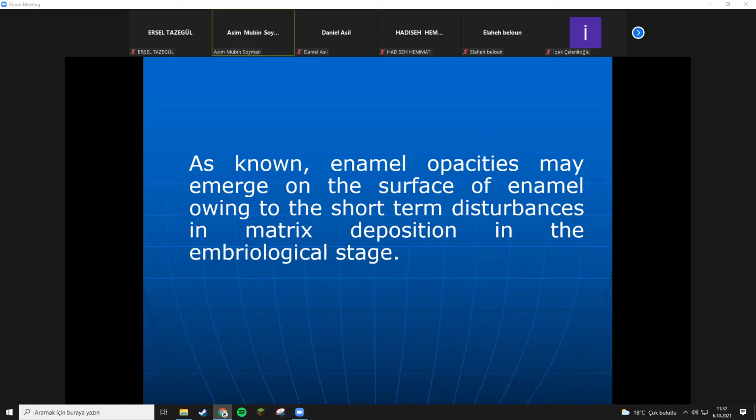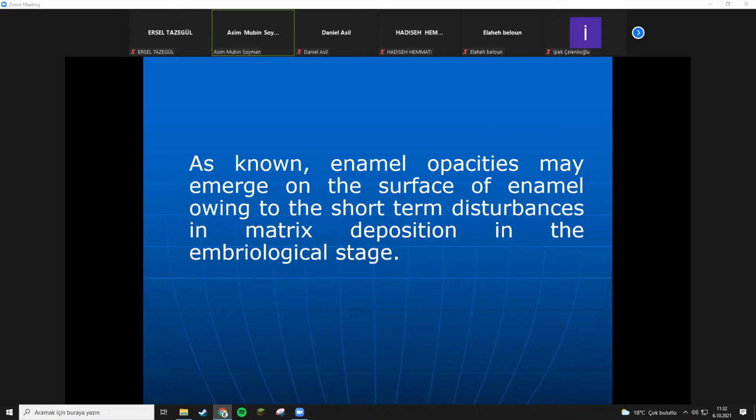But sometimes the ameloblasts cannot work very well. They do not secrete a very nice organic matrix. And of course, on the poor organic matrix, there will be a poor deposition of calcium phosphates. Under these circumstances, there will not be a very good mineralization, and these regions are seen as white spots clinically.